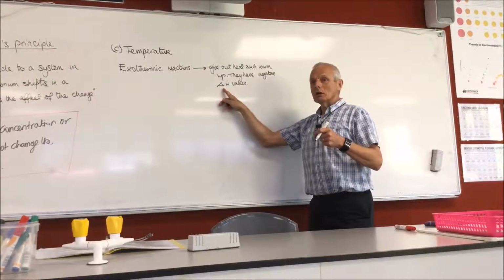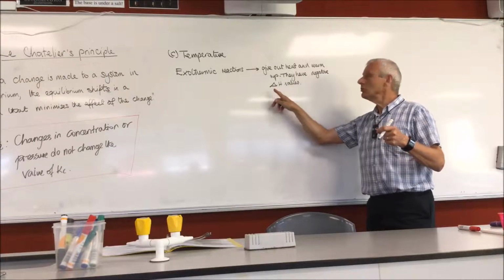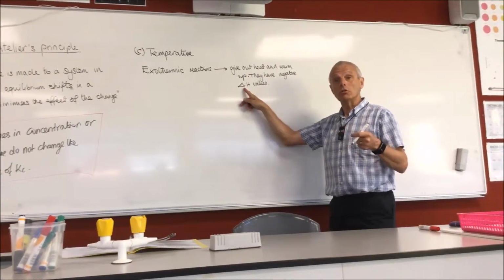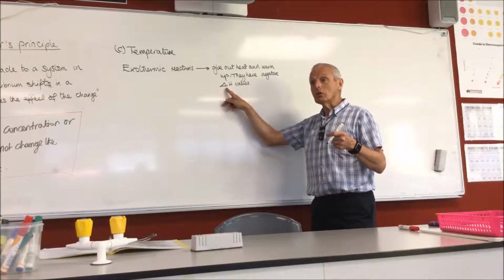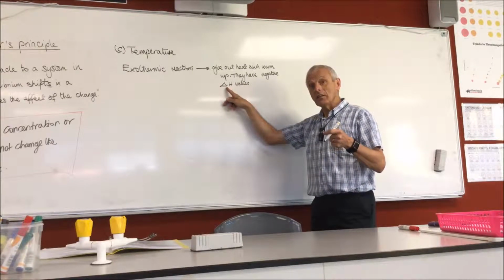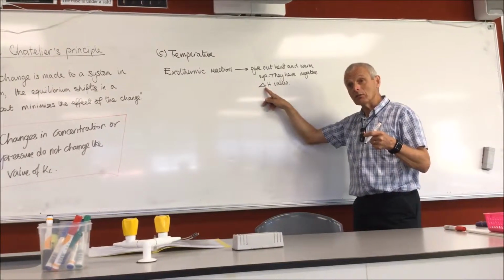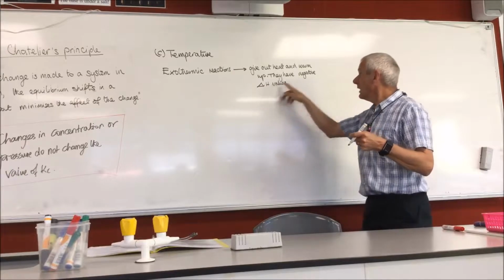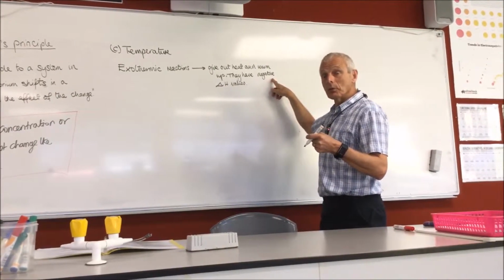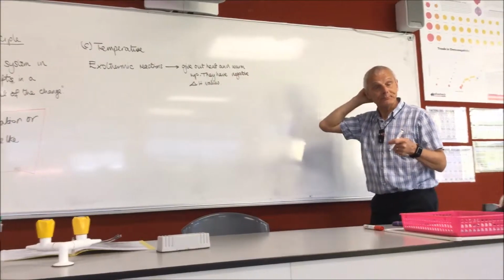One of the ways of working out whether it's an exothermic or endothermic reaction is that this value is usually quoted along with the reaction. So if you see this with a negative value put beside it, then that tells you it's exothermic. That's all you need to know for the moment. You just look for that symbol, and if the number is negative, it's an exothermic reaction. So it's a way of identifying it.